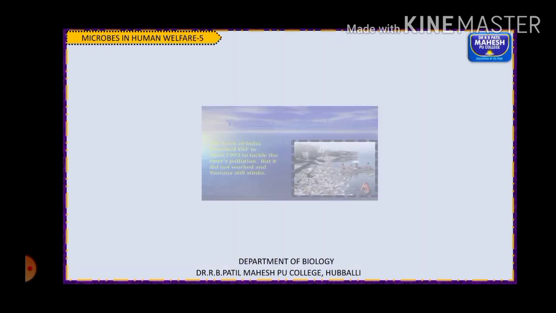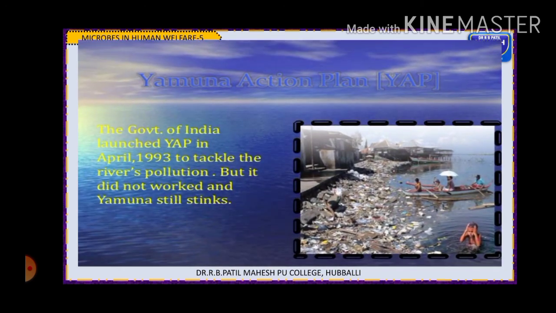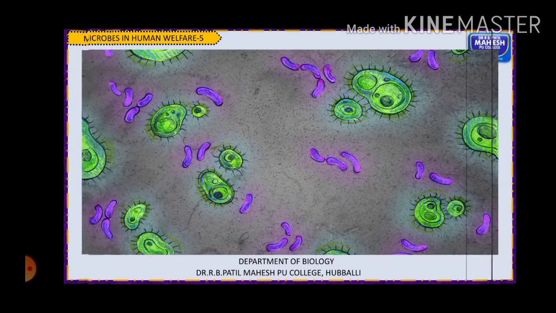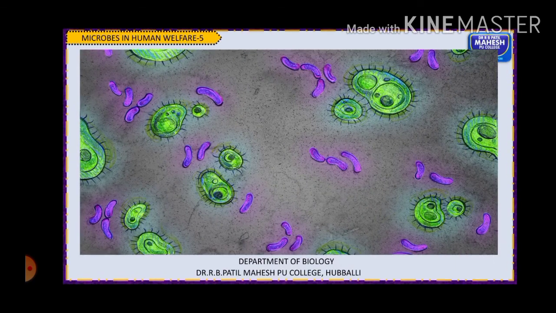Along with this, the Yamuna Action Plan was launched by the Government of India in April 1993 to tackle water pollution. This was mainly to save the major rivers of our country from pollution.